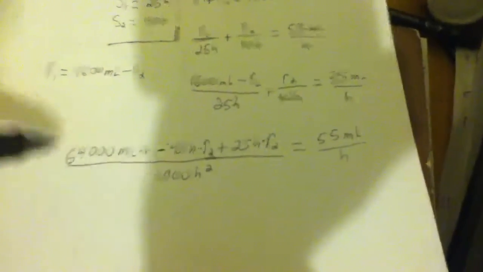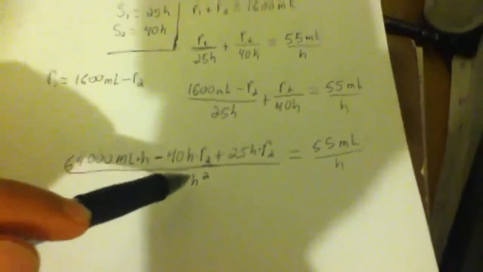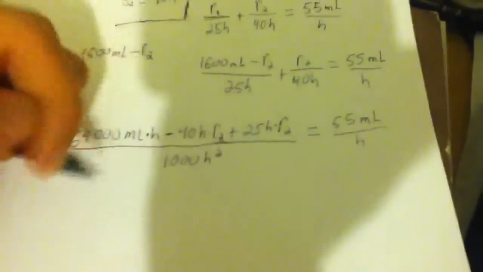Okay, so now we have to multiply both sides by 1,000 h squared, so that we can get rid of all these fractions. If we multiply the left side, we're just going to get the numerator.